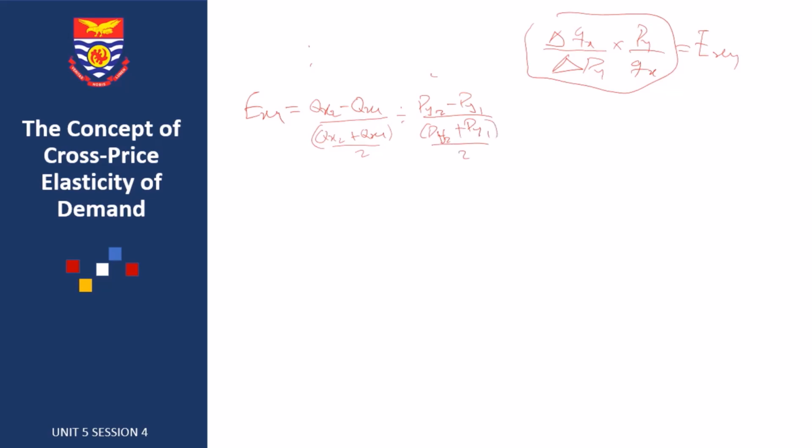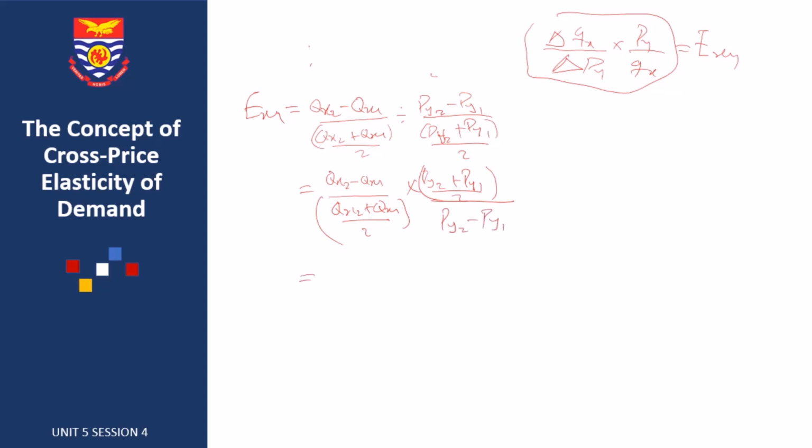We change the division sign to multiplication. This is somehow like QX2 minus QX1 over QX2 plus QX1 over 2 times PY2 plus PY1 over 2 divided by PY2 minus PY1.